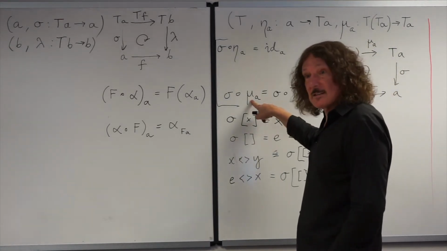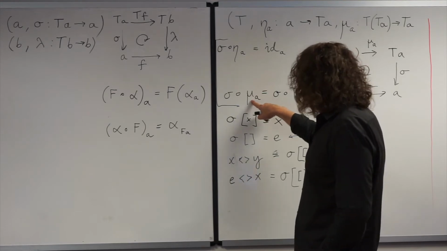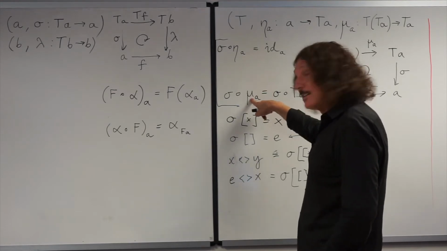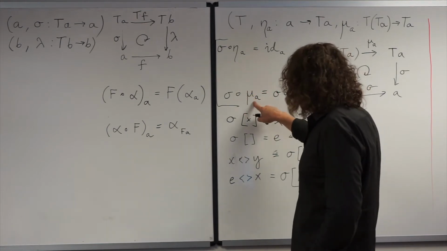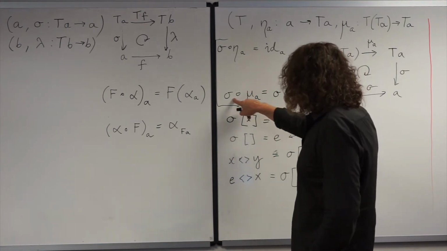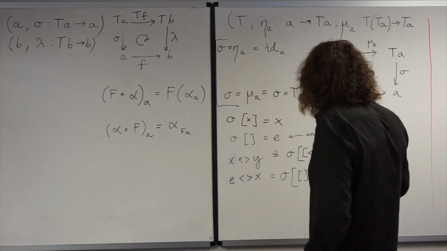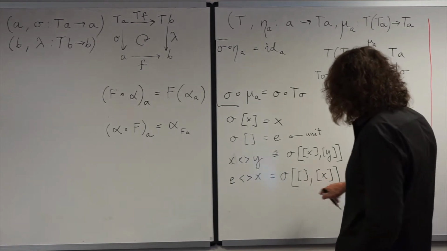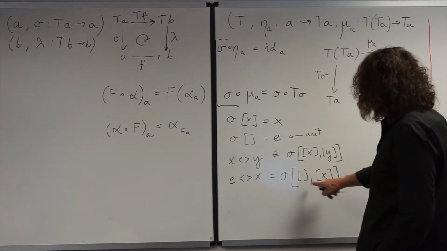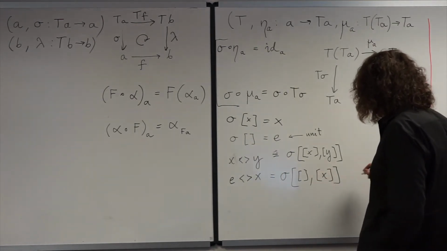Now, I'm going to use this coherence condition, which says that I can first flatten the list, right? And then evaluate. So if I flatten it first, this is an empty list, this is a singleton, I'll get a singleton list, right?